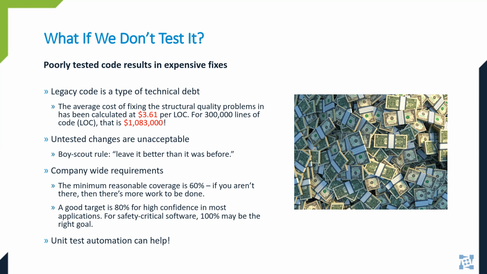At the very least, there's the Boy Scout rule, which is leave it better than it was before, right? And this is something that we'll talk about. If you're making changes to legacy code, the changes that you're making have to be tested, right? And if they weren't before, if there are no tests associated with that part of code that you're changing, here's your opportunity to make the code better, make the code more testable.